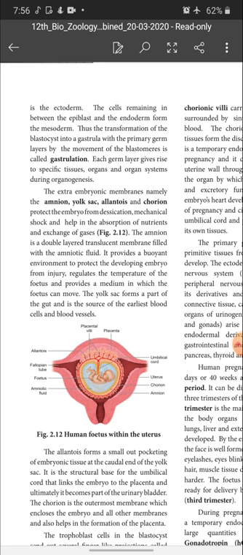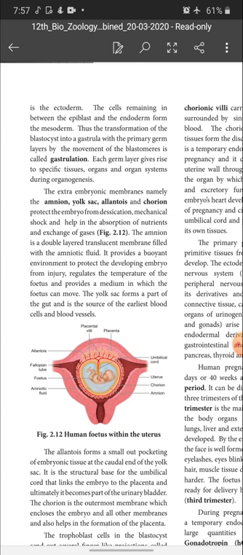The amnion is a double layered translucent membrane filled with amniotic fluid. It provides a buoyant environment to protect the developing embryo from injury, regulates the temperature of the fetus and provides a medium in which the fetus can move.